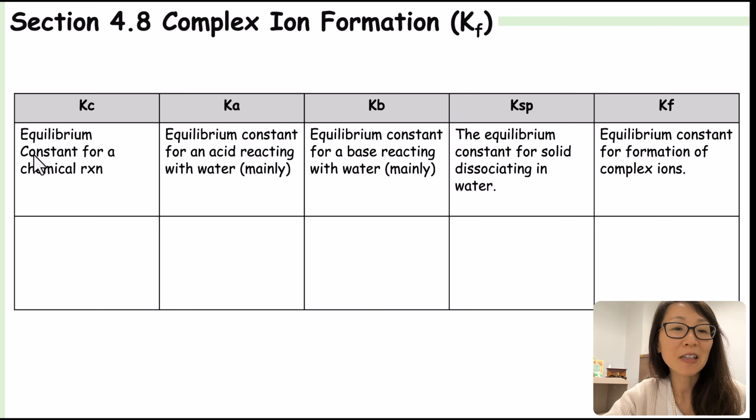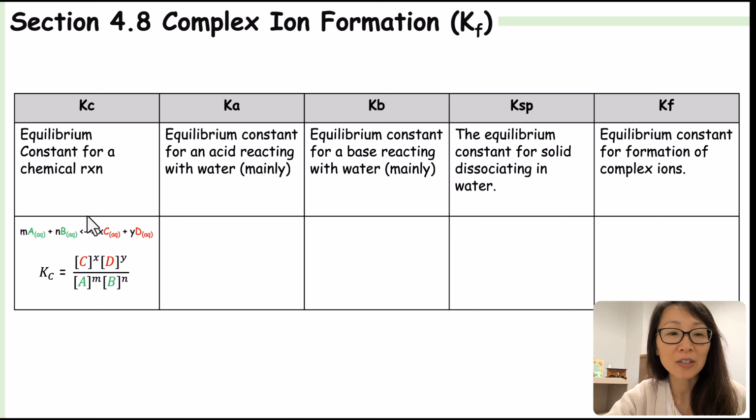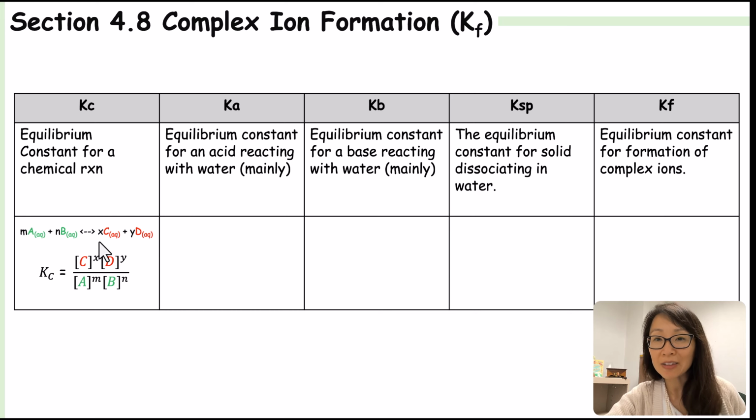For the equilibrium constant of a chemical reaction, where A and B form C and D, we were able to write the equation like this, as long as species were aqueous or gas; no liquids or solids were included. Also, we carefully selected the coefficients of the reaction and put them as exponents.